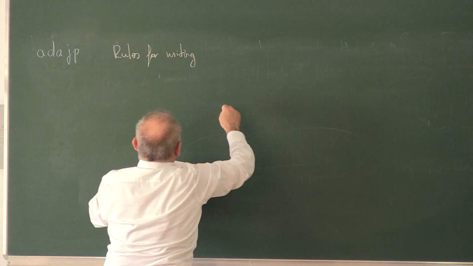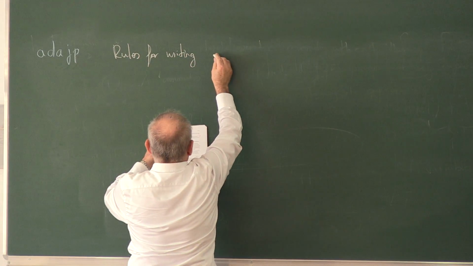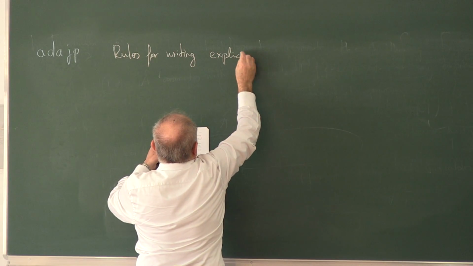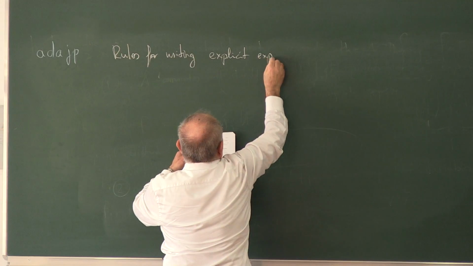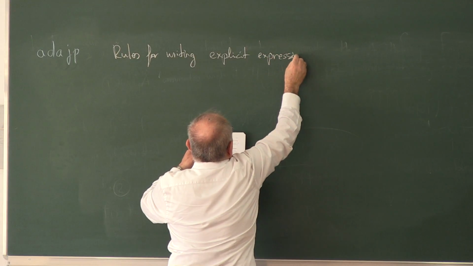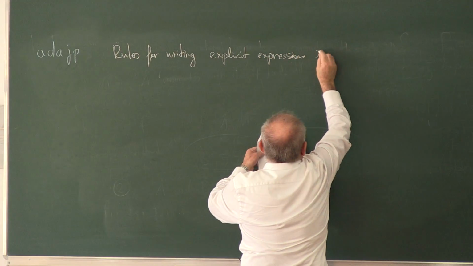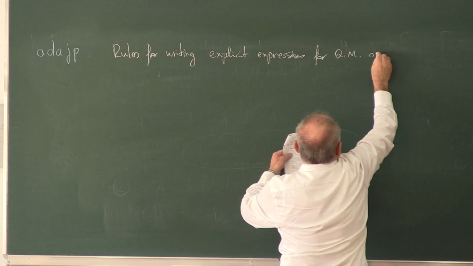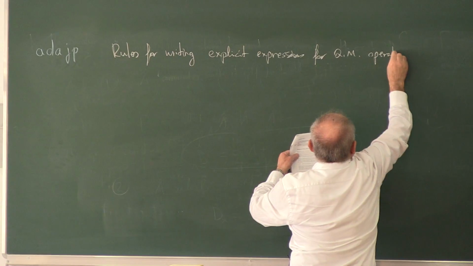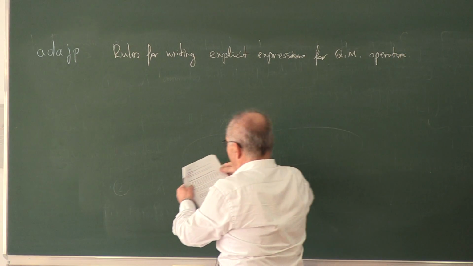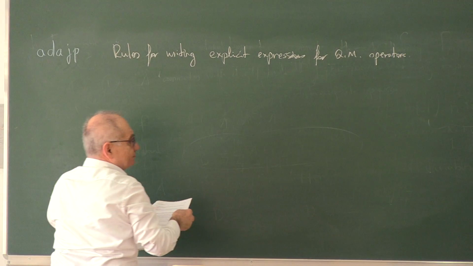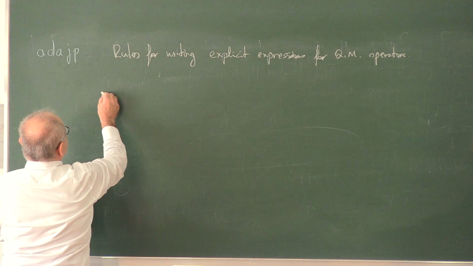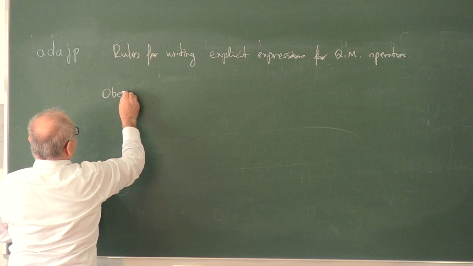We are going to discuss the rules for writing explicit expressions for quantum mechanical operators. Now, to do that, let us start with some concepts. Concept of observable.